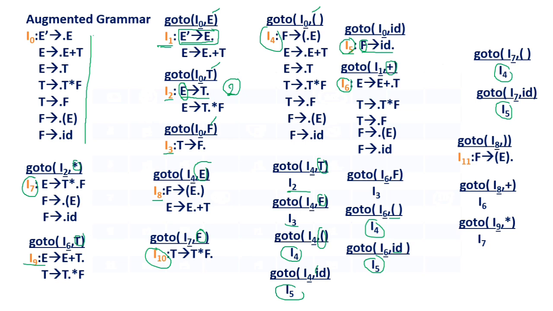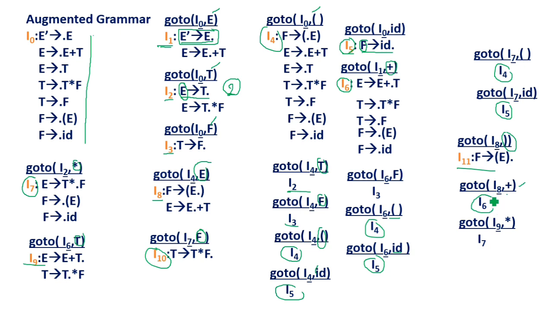Item set 8 has close brackets here. It goes to I11. And item set 8 also has plus here. It is a terminal. It goes to I6.